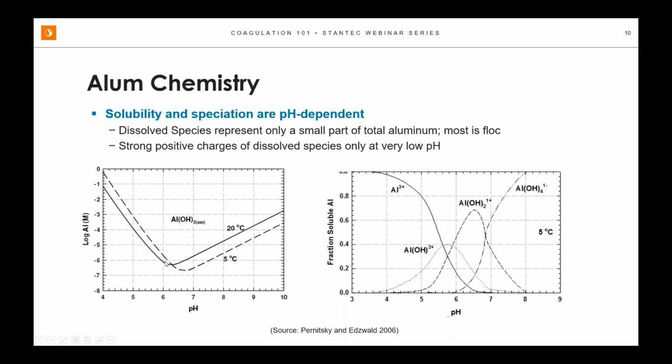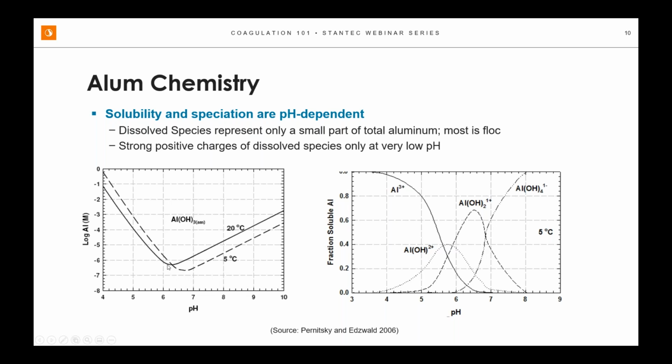So this tells us that the minimum solubility, the point at which the maximum amount of floc is produced, happens with alum at 20 degrees at about pH 6.2. And at 5 degrees, the aluminum is actually less soluble, so you get more floc produced and lower residual aluminum levels. But the pH at which that occurs is a little bit higher, maybe 6.6. It's higher than it is at 20 degrees.